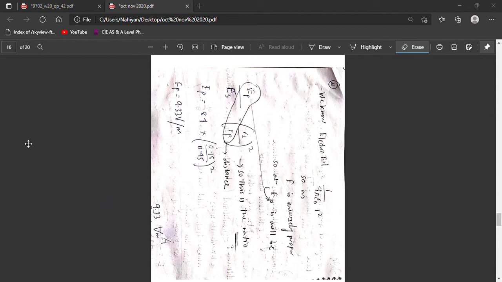So the main formula you'll have to use is this. But to understand this, let me show you something. We know the electric field is proportional to one over r squared. So what you see here is that r is inversely proportional to the electric field.